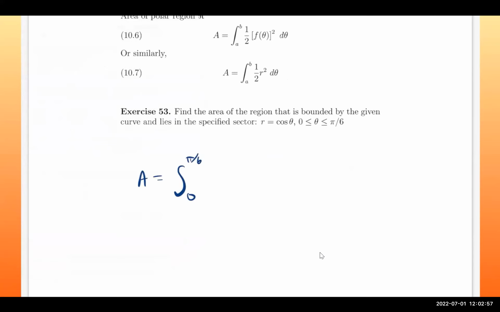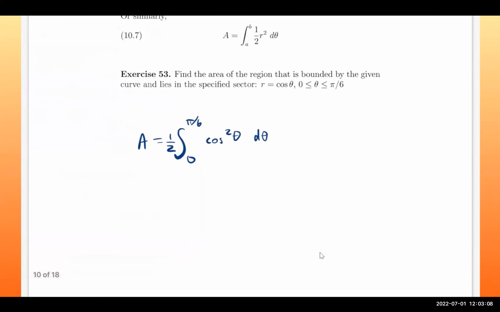So we can just apply the formula from the very beginning. You don't even have to graph this. A equals, we're going from 0 to pi over 6, 1/2, which I'll write outside of the integral, and it's going to be cosine squared theta because of the squared, with respect to theta. So we can use the identity.